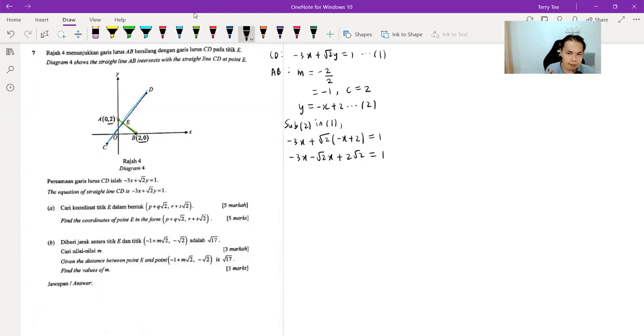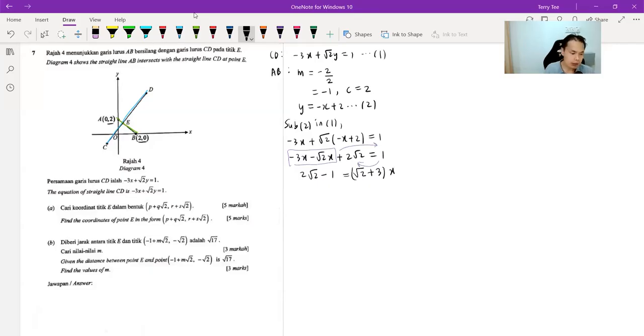So I am solving for x. So for me, I will bring all the x to the same side. This surd 2 x, it's actually better to bring this to the right, bring this to the left. So when I bring this to the right, you put 2 surd 2 minus 1. And for this, I'm going to put surd 2 in front, plus 3 at the back.